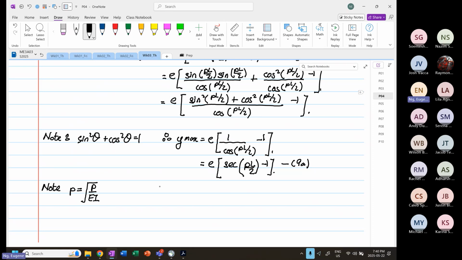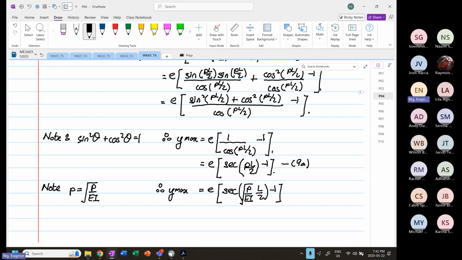So therefore, Y max is also equal to E secant, okay, and then we have square root P over EI, and then we have L over 2, and then minus 1. Okay.